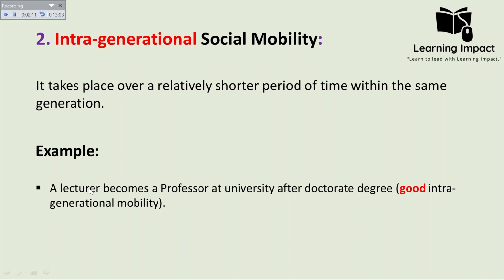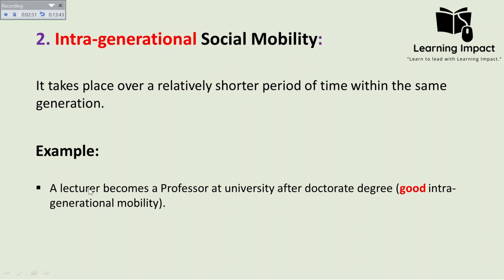But remember that within intra-generational social mobility we have two types: good intra-generational and bad intra-generational mobility. If we take a similar example, a professor who has been accused of something, has lost his job because of an allegation or because he has committed a crime.